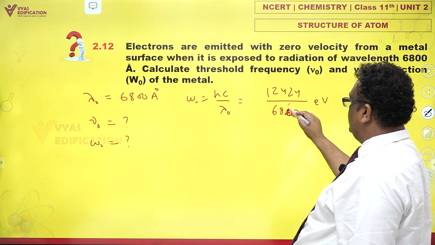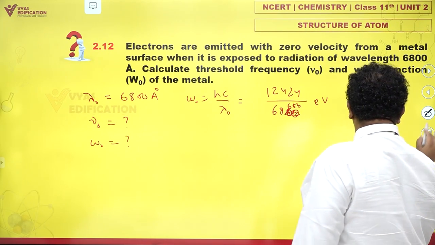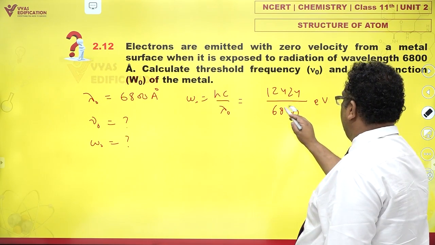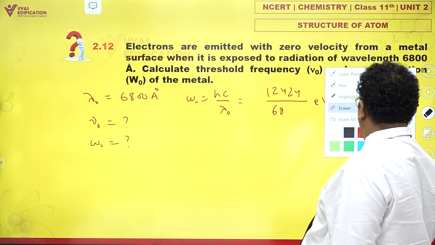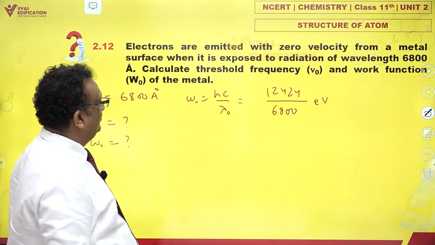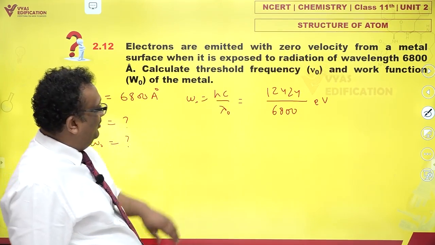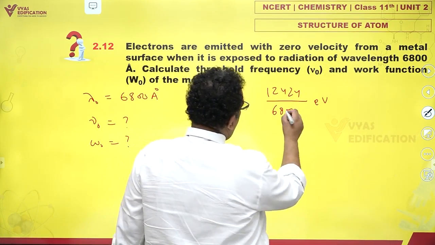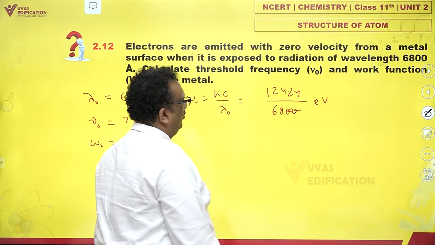I just have to calculate this. It's become ugly. I'll just clean this up. I'm using a formula, that's it. This will give me the work function. How much would this come out to be? Well, let's check. 0.24.